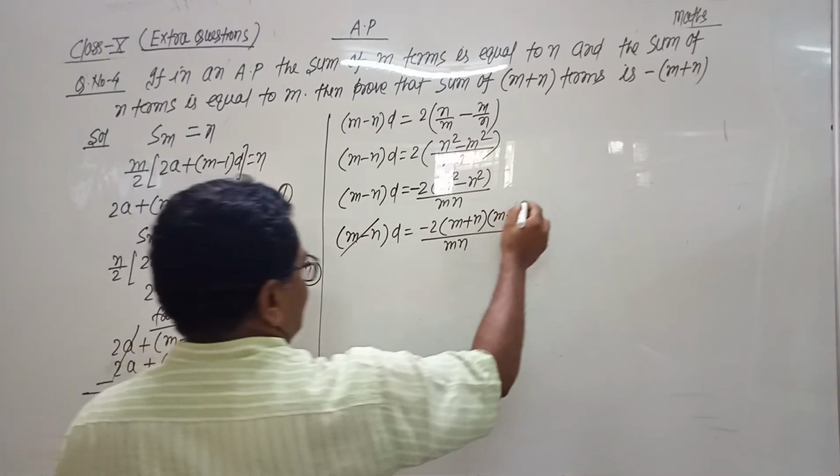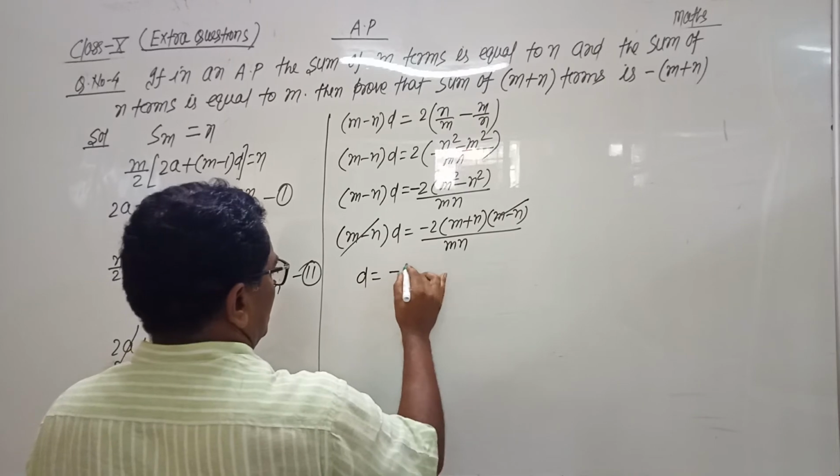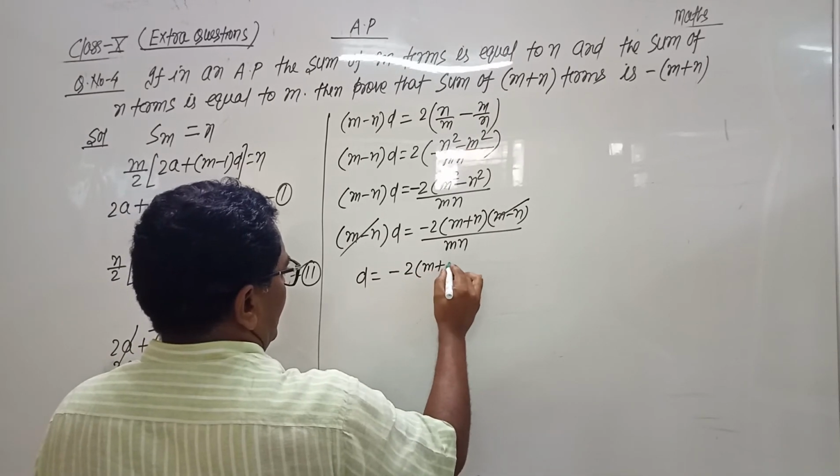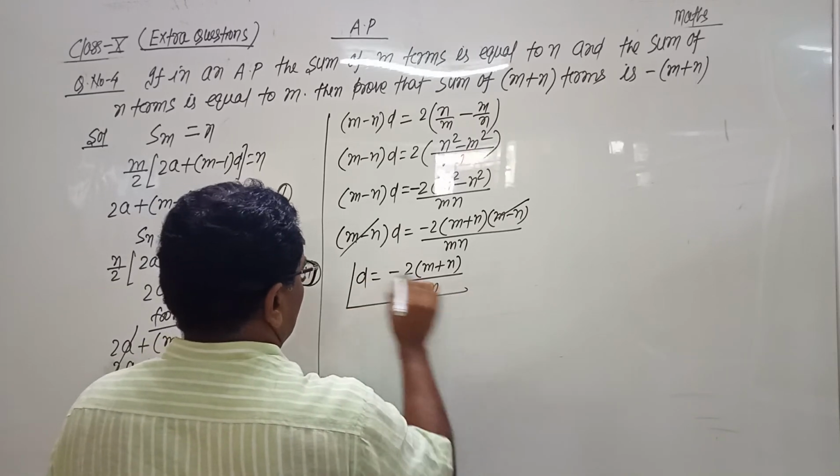So m minus n gets cancelled, and the value of d comes to be minus 2(m plus n) upon mn.